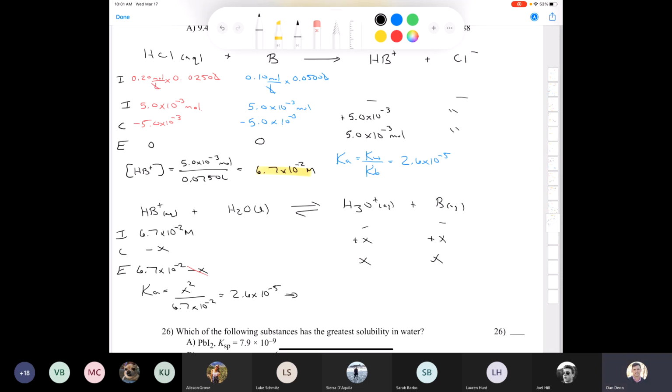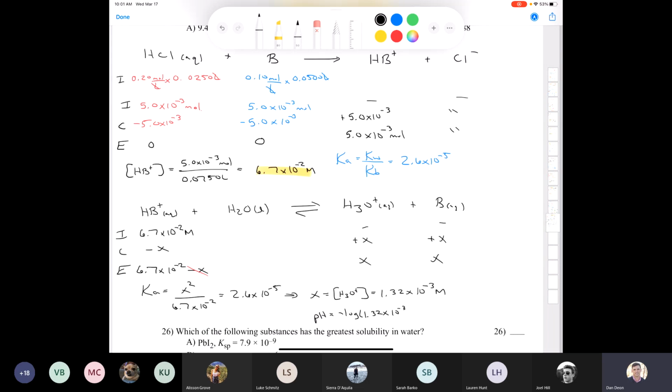When we solve for that, we get x, which is equal to the concentration of our hydronium ions, equal to 1.32. Now I'm carrying an extra sig fig here, times 10 to the negative 3 molar. We get that our pH is equal to the negative log of 1.32 times 10 to the negative 3.